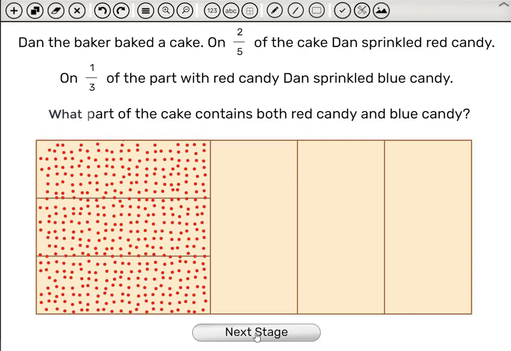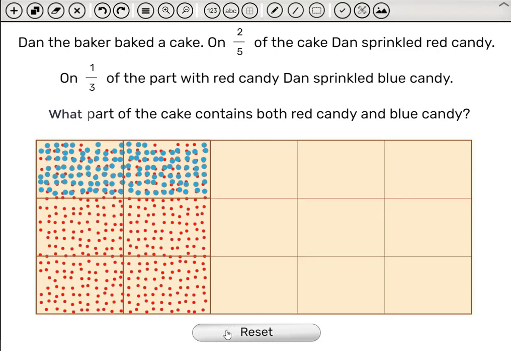Okay, let's click. We have the division into 3. And click again, and now a third of the piece is covered with blue candy. Another click, and the 2/5 are now separated again with this line. Last click to extend these lines, and we can see the final solution, 2 over 15.